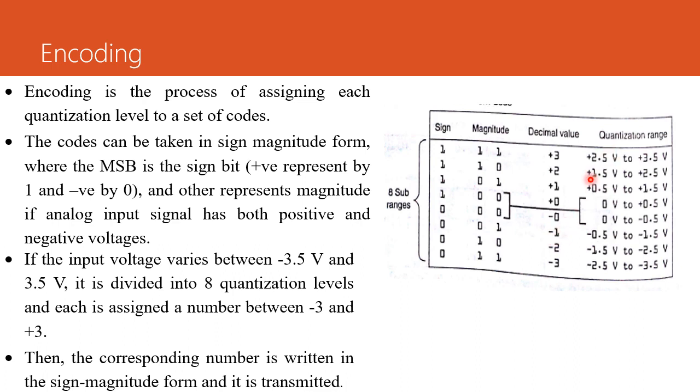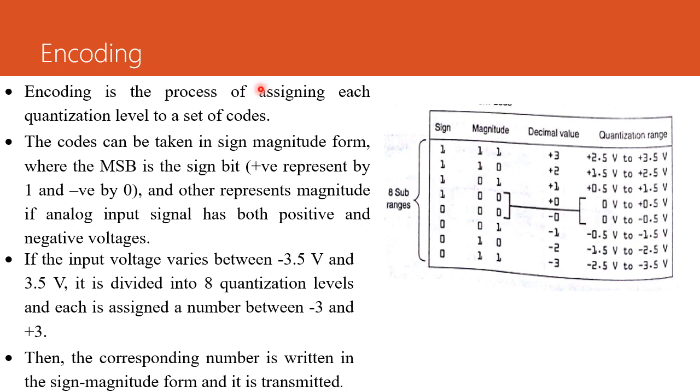Similarly, if your analog input is in between plus 1.5 to plus 2.5, then in the quantization process it will be rounded off to the nearest quantization level, that is plus 2. Then for this plus we have to represent your MSB as 1. Then you have to represent this 2, that is 0, 1. So that is what encoding is.